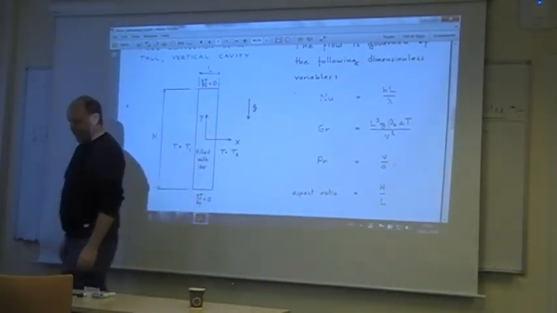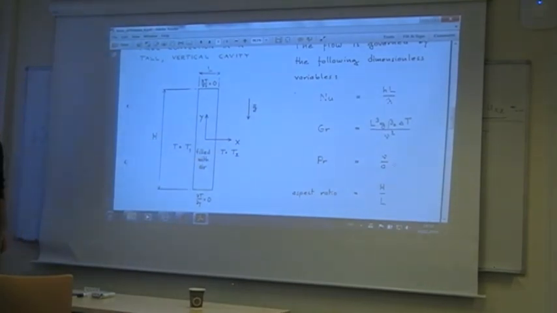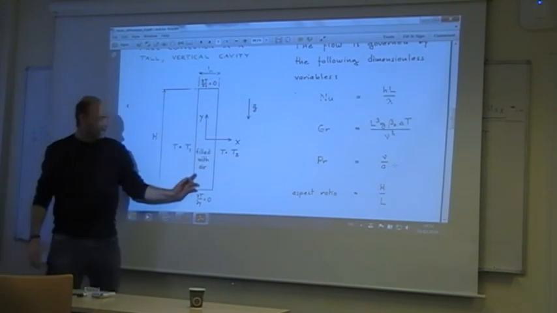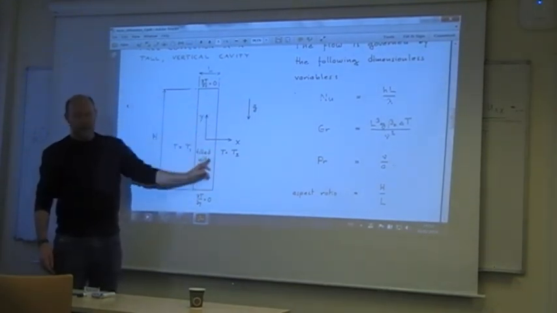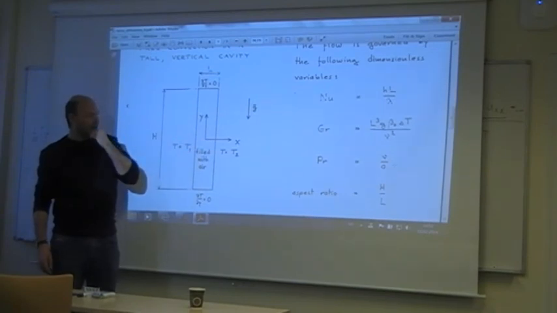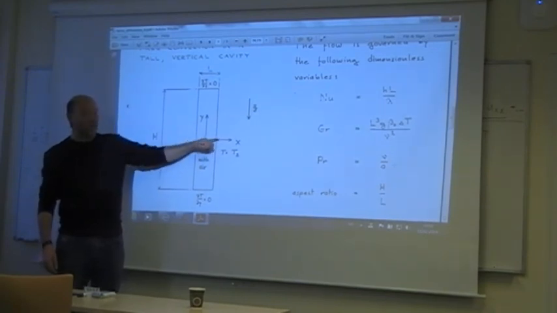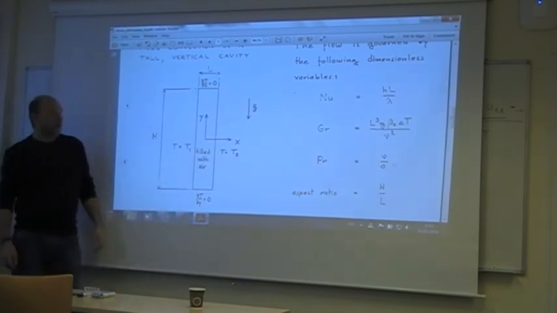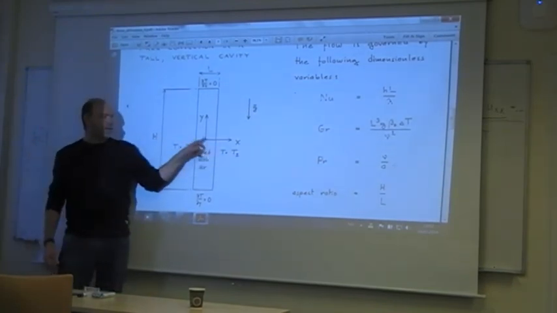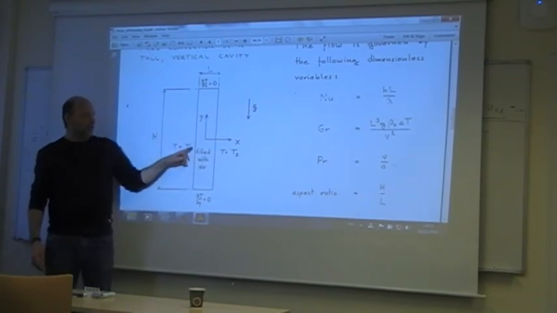For this problem, if the Grashof number is small, then you will have this nice one long vortex, very elongated. And there you will also have an analytical solution from wall to wall, given by Batchelor. Very nice solution. Temperature will go linear, and the velocity profile will go like x to the power of 3.